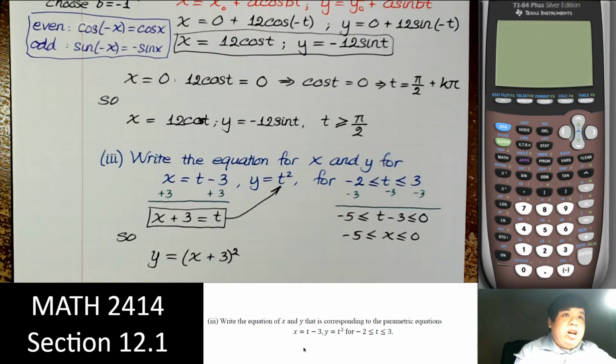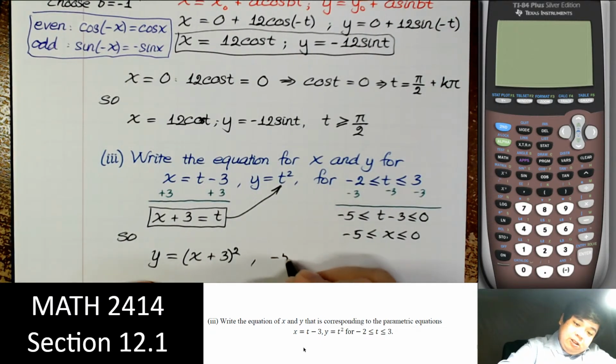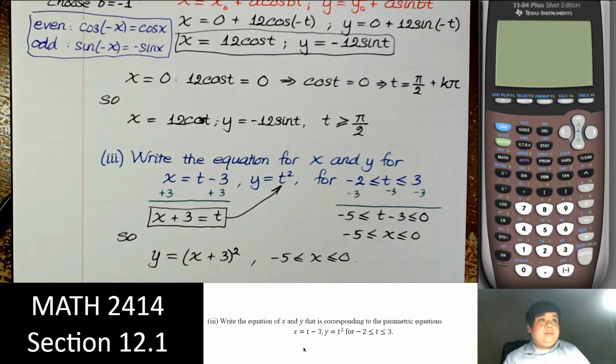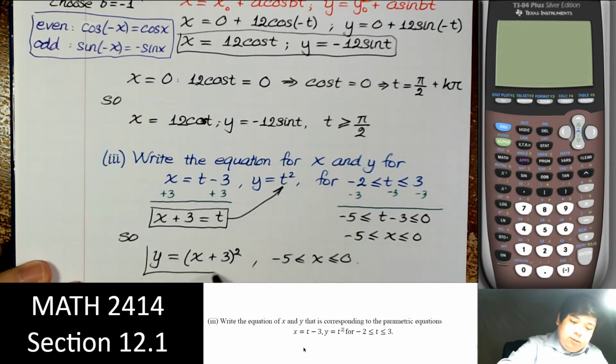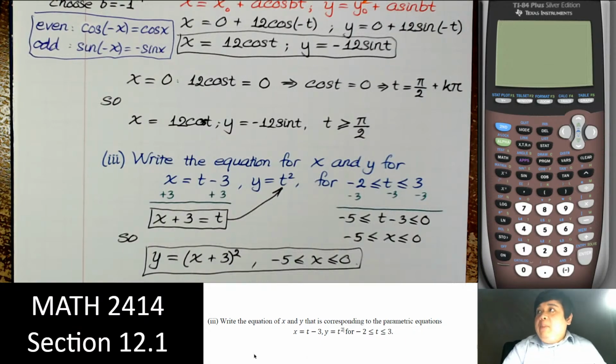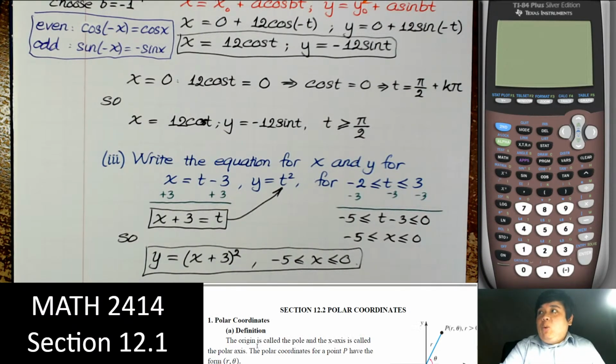So x is between negative 5 and 0. Right. So that is how we eliminate t and just have x and y.